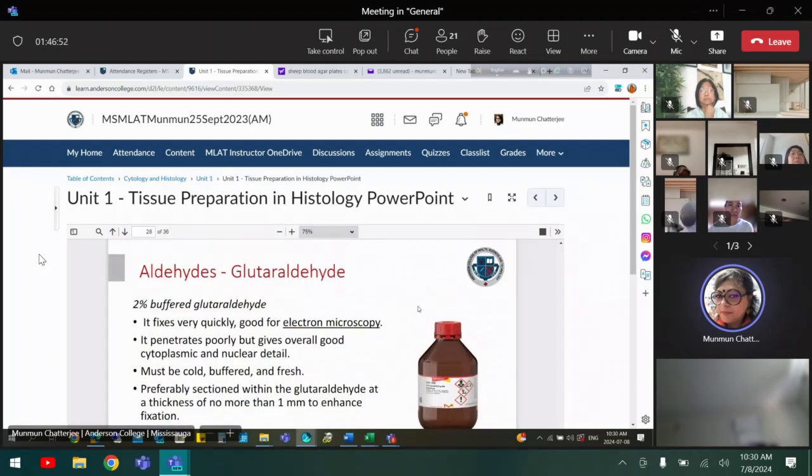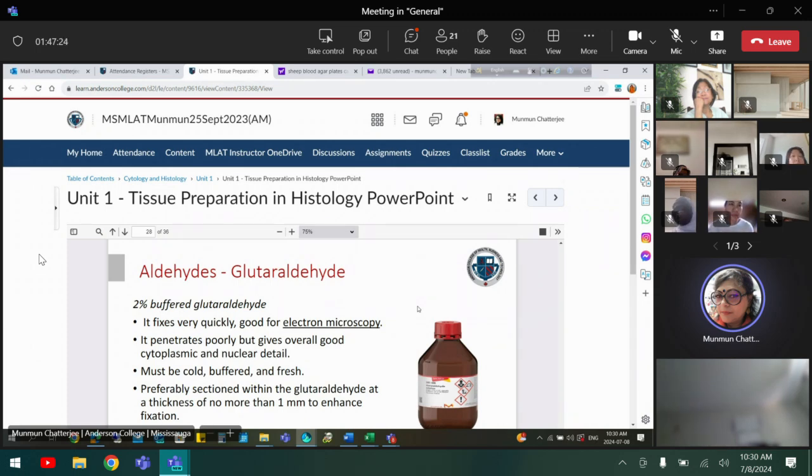Okay. So another fixative, you have remembered the name glutaraldehyde. Where do you use glutaraldehyde? Not for cleaning metal surfaces. Only for electron microscopy, you can use 2% buffered glutaraldehyde.